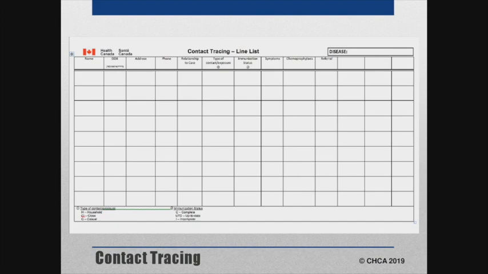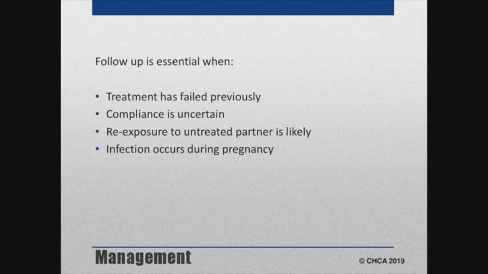But if you do identify somebody as positive, certainly connect with the NIC so that this can be tracked accordingly through the program coordinator, as well as yourself being involved in connecting with the patient.